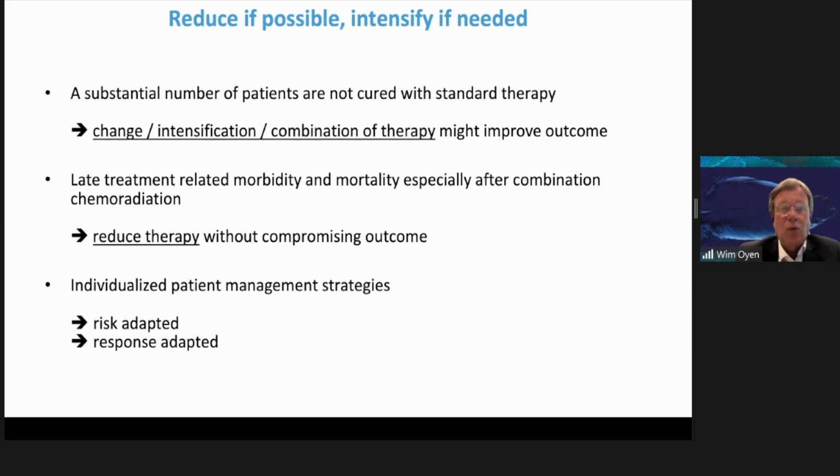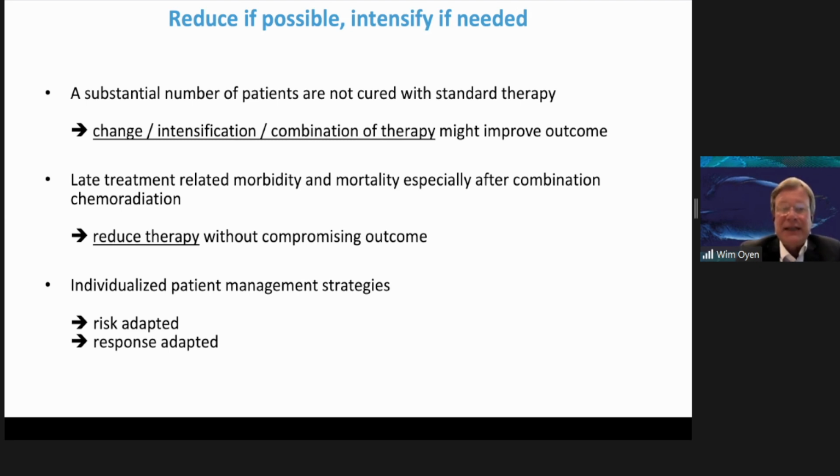So why do we want early response assessment? First of all, a substantial number of patients will not be cured by standard therapy. So a change or intensification or a combination of therapeutics might improve outcome.